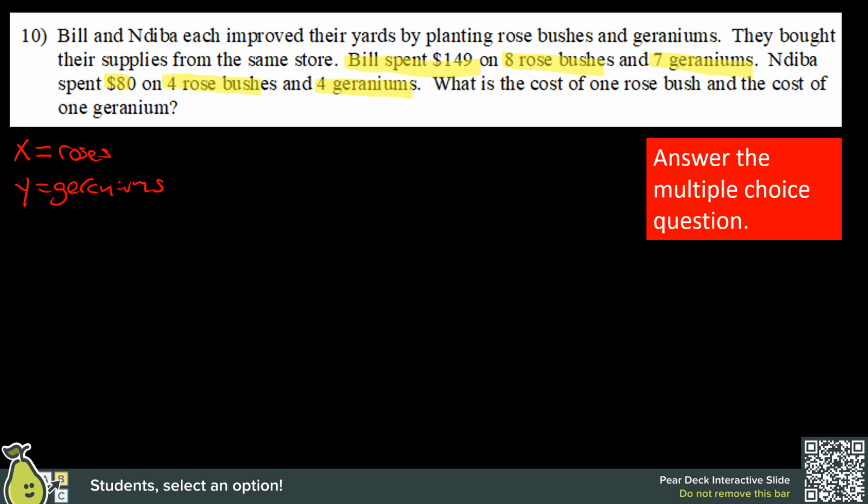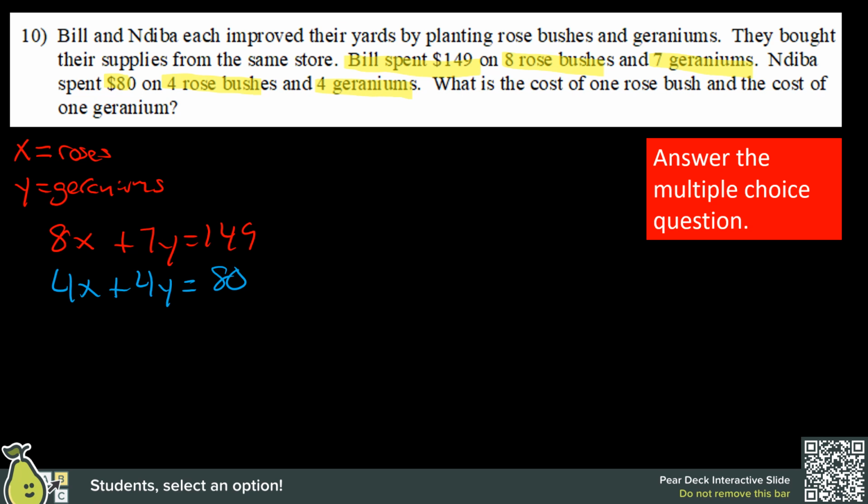So with that first bit, we can say that 8x plus 7y equals 149. And then your next equation would be 4x plus 4y equals $80. Okay, we can use elimination, substitution, Desmos, however you'd like.